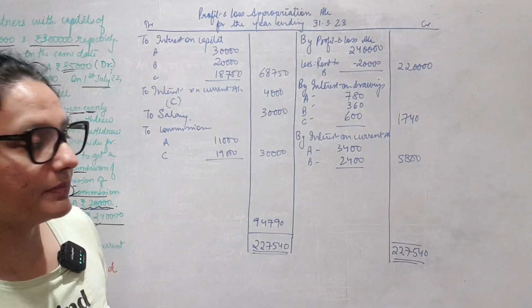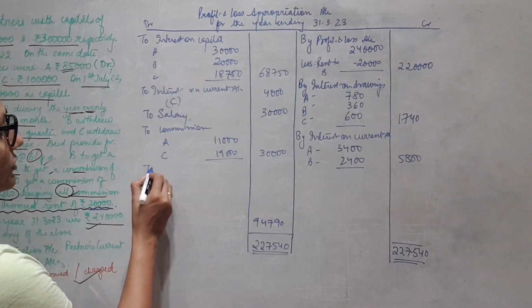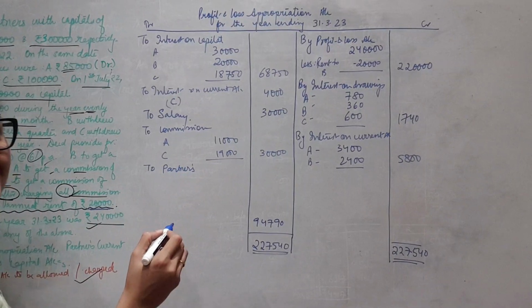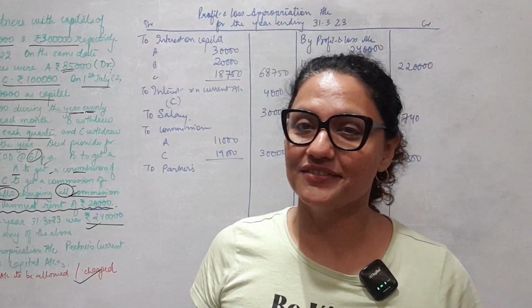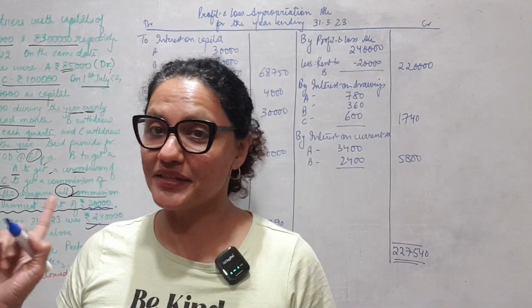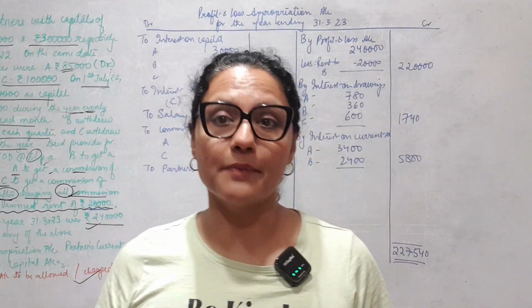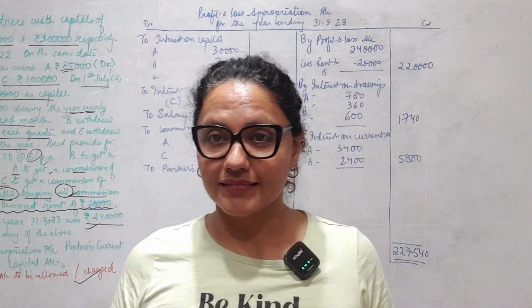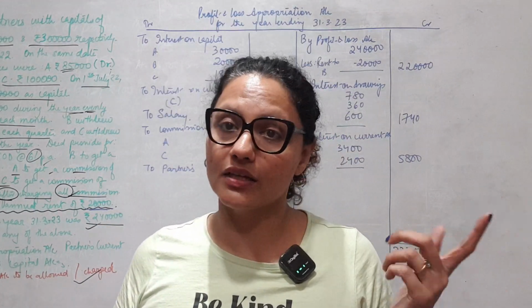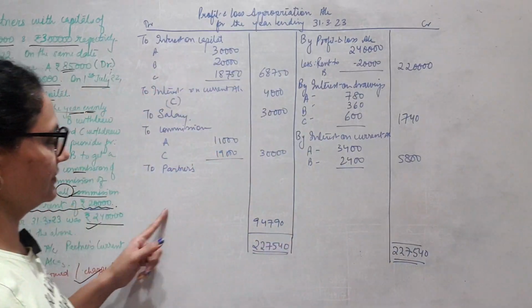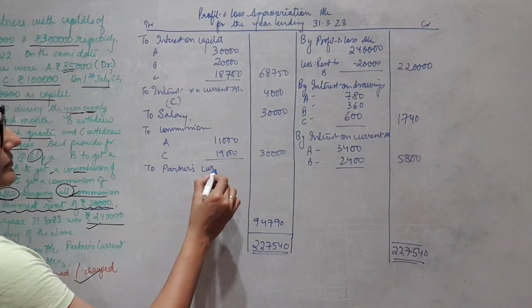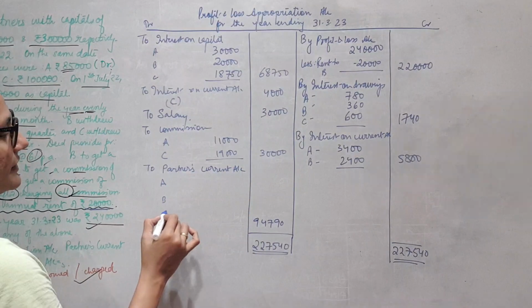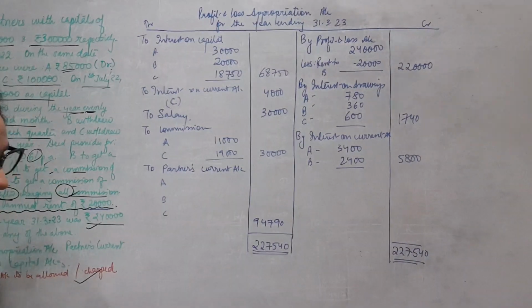What do I do with divisible profit? Share it in the profit sharing ratio. And here I will write to partners. Which account should I put it in? This is which method? Fixed capital method. In the fixed capital method, I put all the appropriations to the current account. Even this, right? So here, partners' current account, A, B and C. What is their profit sharing ratio?